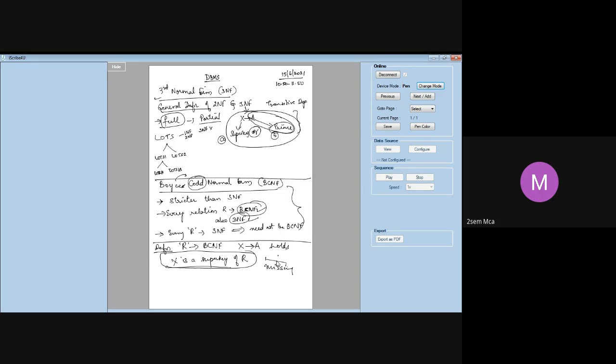The difference between this and the general definition of 3NF is that in 3NF we had two conditions: either X should be a super key, or A should be a prime attribute. Here we have just one condition, X should be a super key of R. The requirement that A be prime is not needed in BCNF.